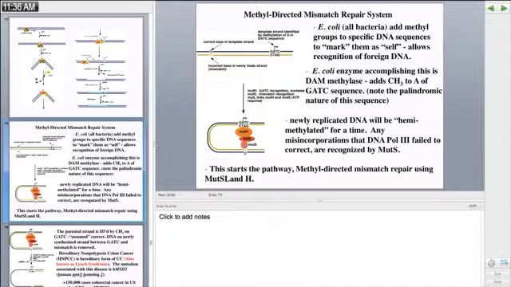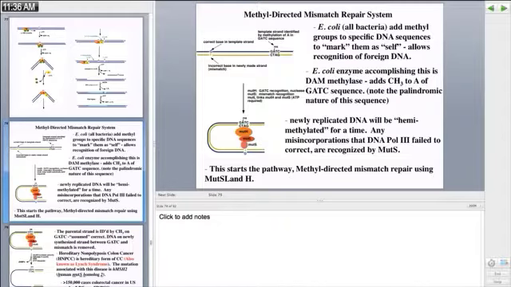There is a standard methylase, an enzyme produced by E. coli called, nicely enough, the DAM methylase. That DAM methylase is always doing this. That enzyme, anytime it sees the palindromic sequence, GATC, it's going to put a methyl group on the adenine of that. Basically, it marks it as self.